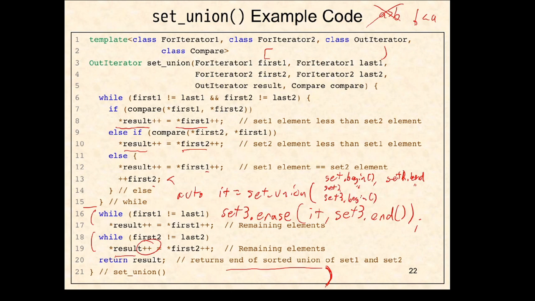And then I would give it my functor, which we never wrote. So that's what I would give to it. It wrote it into set 3, which before this I had to resize. I had to say basically set 3 dot resize to be as big as set 1 dot size plus set 2 dot size.